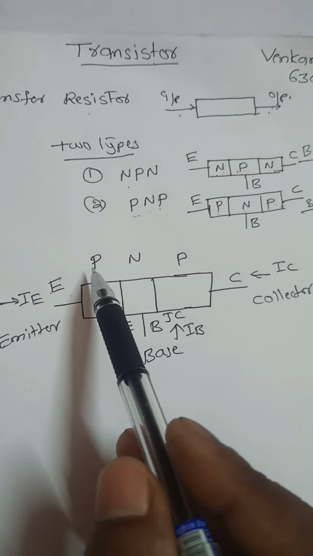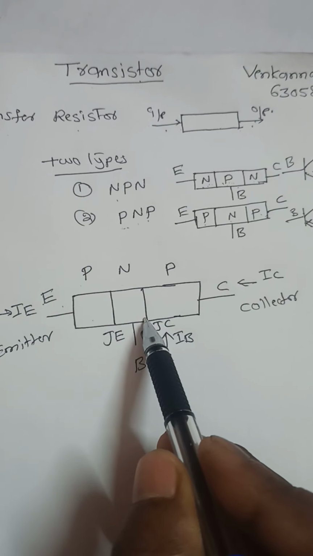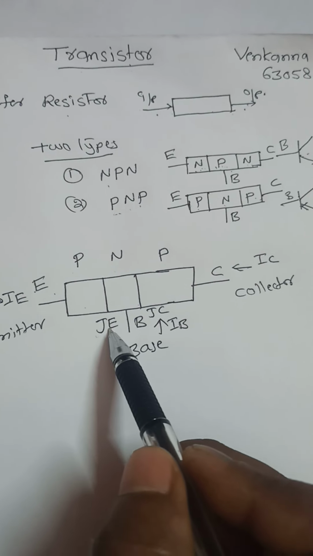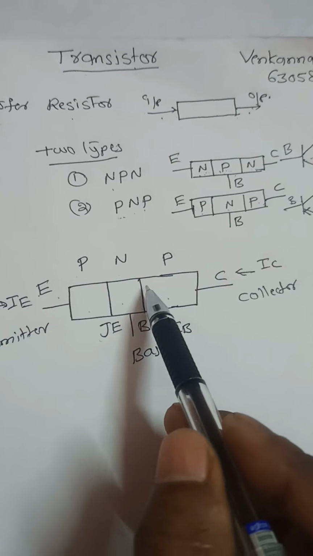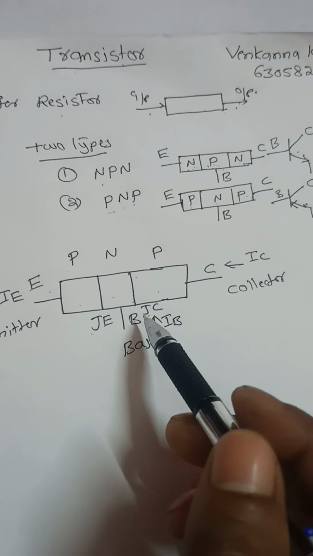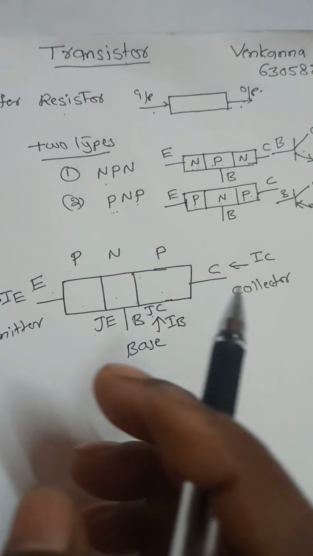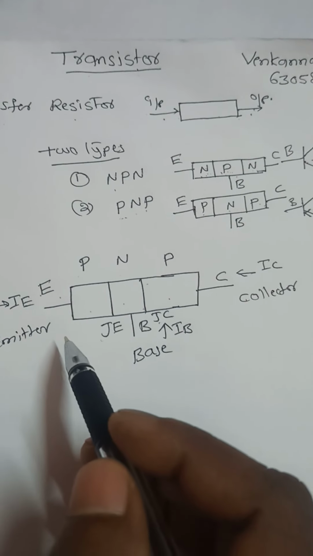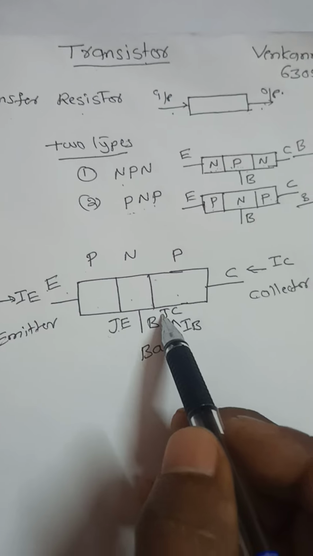Now we are discussing the PNP transistor. In between the emitter and base, one junction is there, that is the emitter junction, and in between the collector and base, one junction is there, that is the collector junction. So a transistor consists of three terminals, emitter, base, collector, and two junctions, the emitter junction and the collector junction.